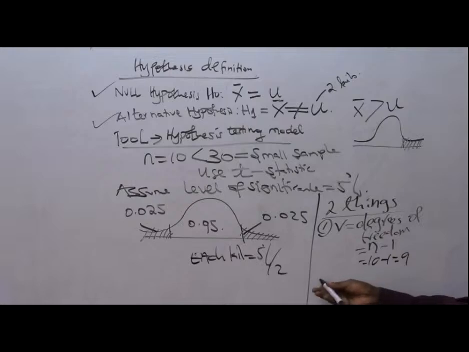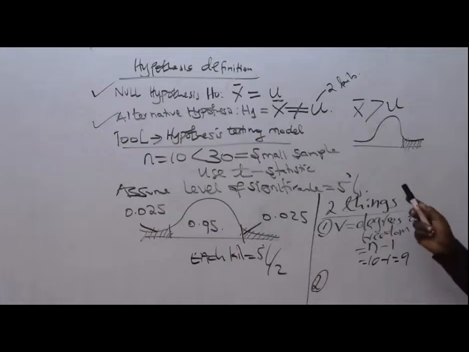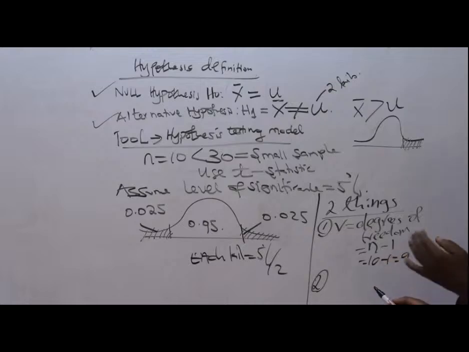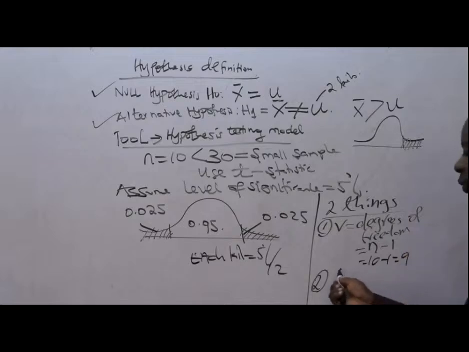And then number 2, I need this level of significance, the 5%. Alternatively, for you to be able to read the t straight from your tables, you will need what we call 1 minus alpha over 2.